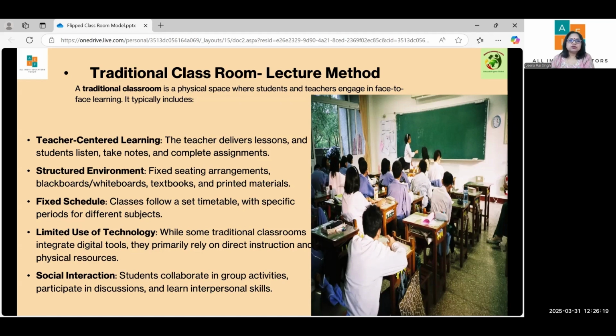It has a structured environment, that is, fixed seating arrangements, blackboards, whiteboards, etc. It also has a fixed schedule. Classes follow a set timetable, right? And you will find limited use of technology. If I talk about interaction with the students, because it is a one-way lecture method, it is limited.